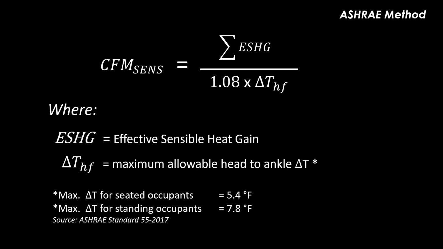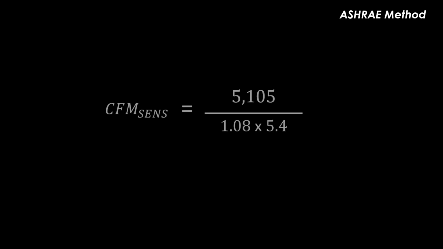The head-to-foot temperature differential should not exceed the recommended values to prevent discomfort, which is 5.4 F for seated occupants and 7.8 F for standing. As we are working on a classroom application, the occupants are seated for much of the time, so I will be using a 5.4 delta THF. So placing our loads into the equation, we get a result of 875 CFM.